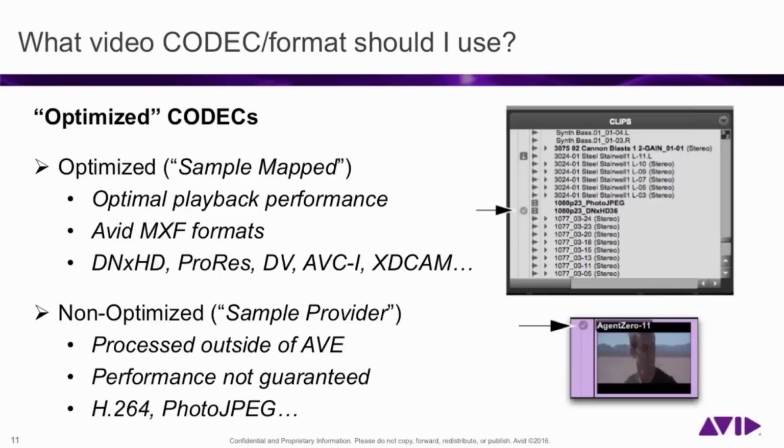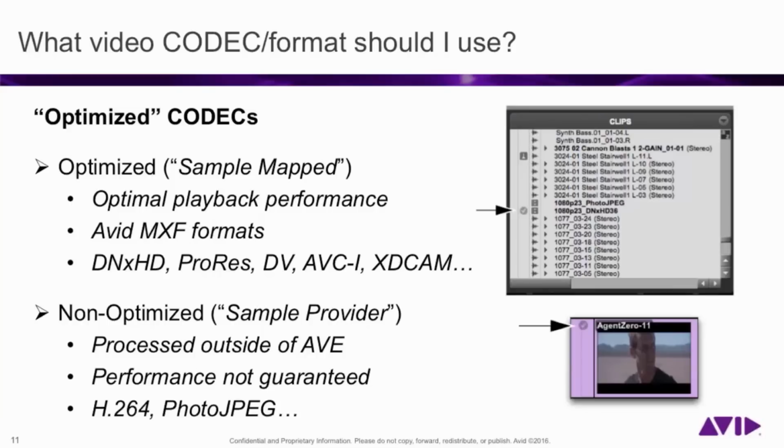Yeah, for sure. Absolutely. In terms of non-optimized codecs, just a couple of examples there: H.264, as we've been talking about, and also Photo JPEG. There is another thing I want to mention at this point. We have seen cases where you bring in a video file that you think should be optimized. It's in that list in the top section there, but it does not show the little tick mark.